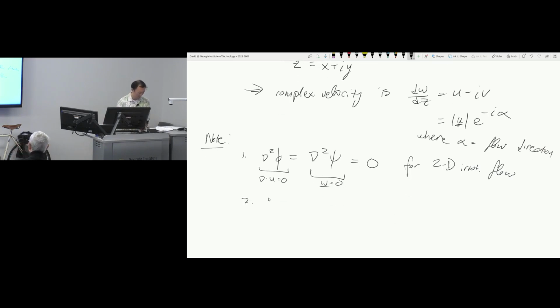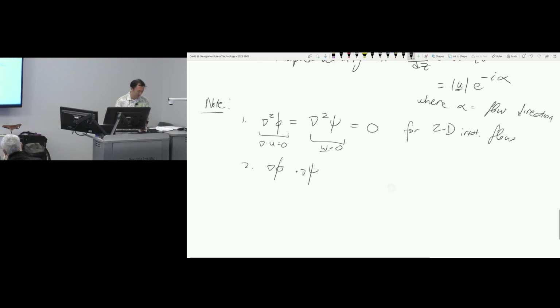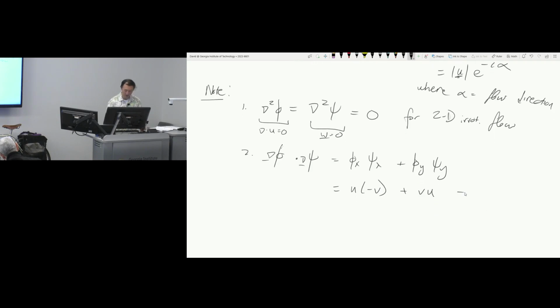Second, when you draw streamlines, keep in mind that they are perpendicular to lines of constant potential. So for example, this is phi x, psi x plus phi y, psi y. If we substitute with our definitions, this is u times negative v plus v times u, and that's 0. So physically, what does this mean? It means lines of constant phi are perpendicular to the streamlines.